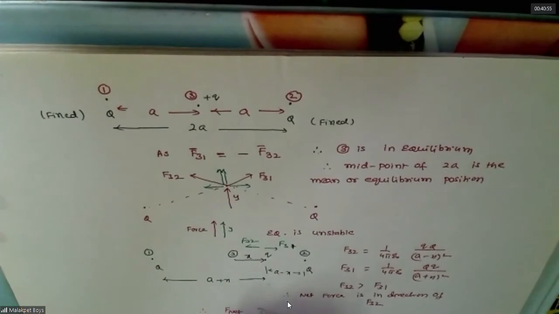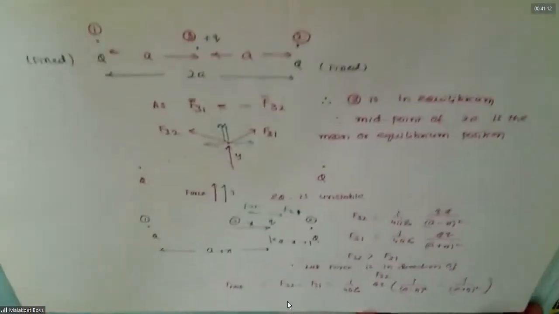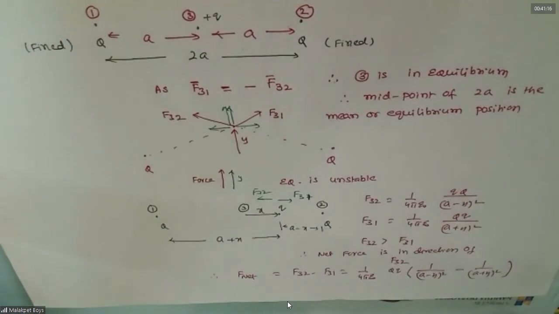After that, you'll find this net force: 1 by 4 pi epsilon naught, q by a minus x whole square minus a plus x whole square. Till here, followed or not? Followed, sir. But one minute. Take LCM.